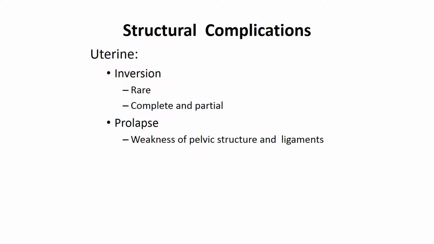So when you put your hand up on the patient's abdomen, you cannot feel that fundus. It's a dent, a depression in that area, along with severe pain and lots of bleeding. So what we have to do is take the patient to the back. The doctor manually puts the uterus back in, and we're looking at 7 to 10 days of antibiotics.